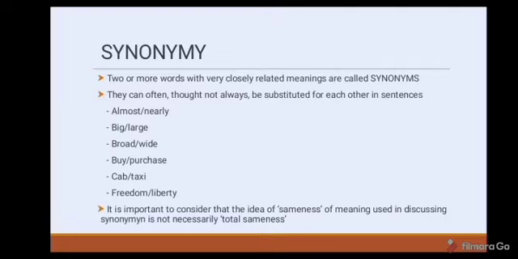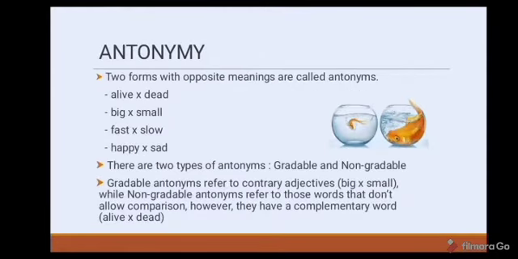It is important to consider that the idea of sameness of meaning used in discussing synonyms is not necessarily total sameness. The second is antonym. Two forms with opposite meaning are called antonyms. For example, alive, dead, big, small, fast, slow, happy, sad.